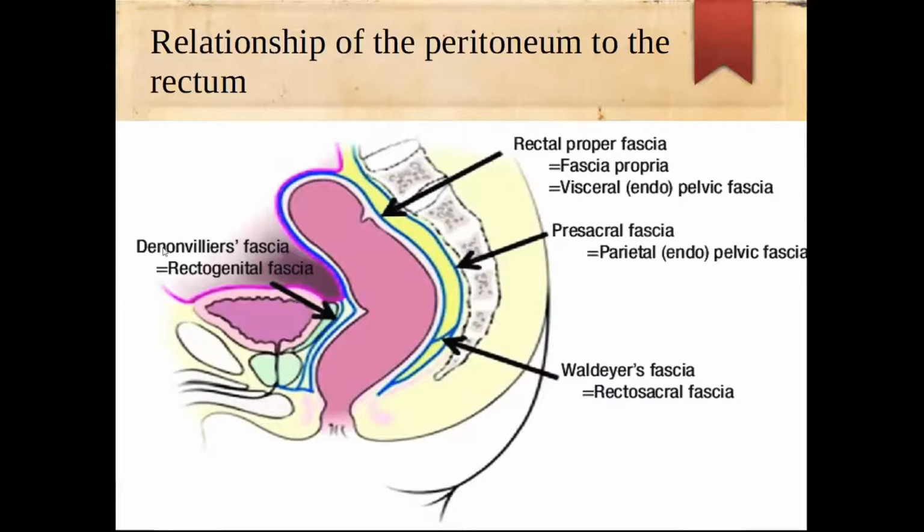This is named after a French surgeon, and this fascia lies between the rectum and the urogenital structures: in the male, the seminal vesicles and the prostate, and in the female, the lower part of the vagina. Your dissection should be in the plane between the fascia and these structures. Also, there is a holy plane here.